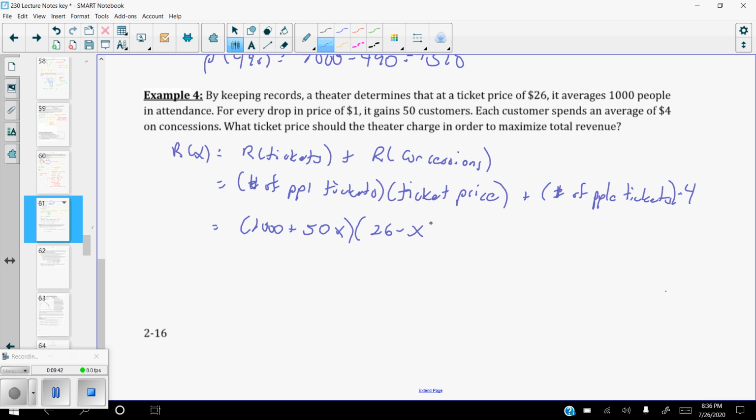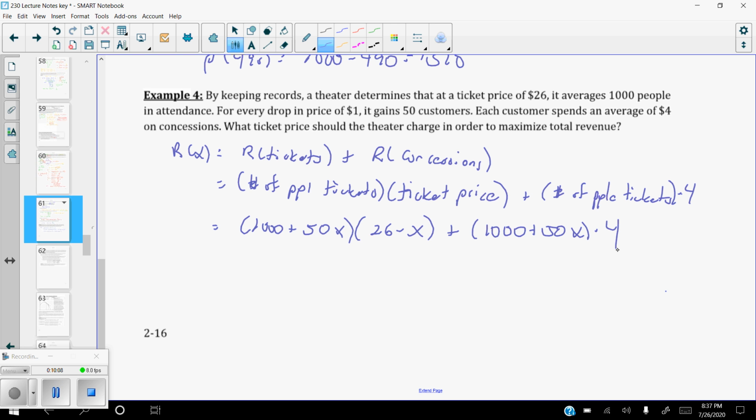So every time we reduce the ticket price by $1, which is x, the number of people is going to increase by 50. So that looks right. And then once again, the number of people buying tickets is going to be 1,000 plus 50x, and then times 4. So that is our revenue.